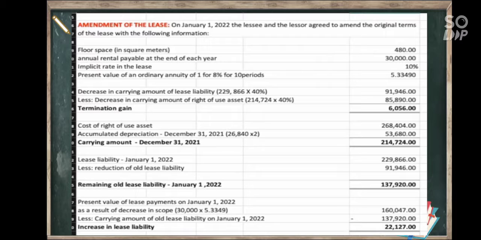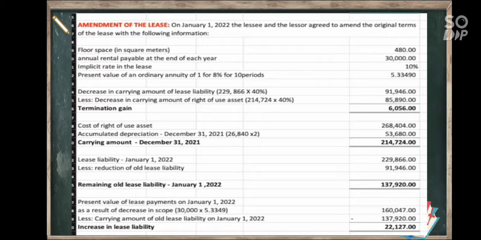Anyway, since the floor space was reduced to 480 square meters, the scope of the lease was reduced by 40%. So, IFRS 16 paragraph 46 states that a gain or loss should be recognized as a result of the partial termination of the lease.